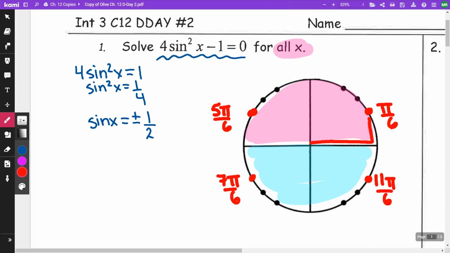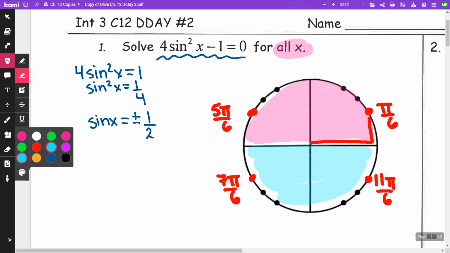Now, sometimes you can write all of these answers using just 1. So if I'm looking at my pi/6, can I add something to pi/6 to get to 5 pi/6? Well, the distance from here to here is 4 pi/6, because pi/6 plus 4 pi/6 is 5 pi/6.